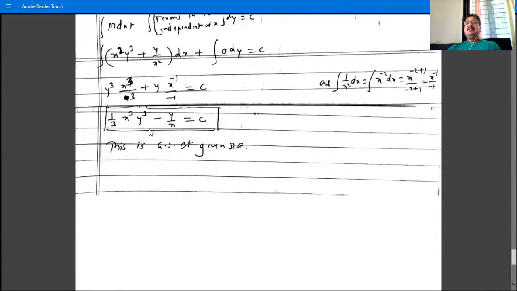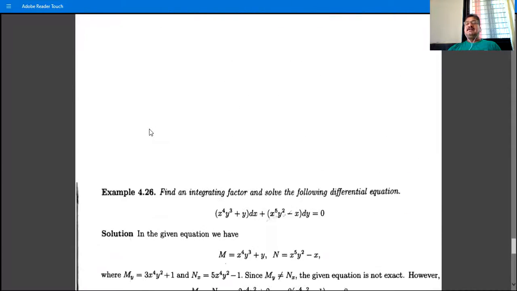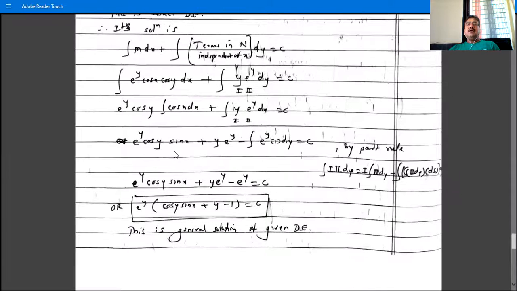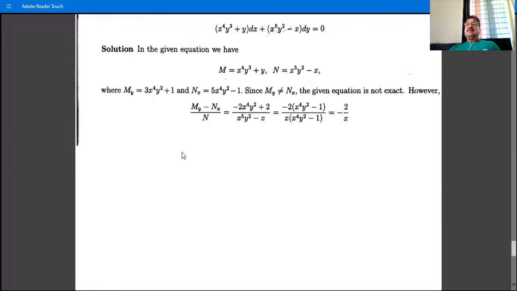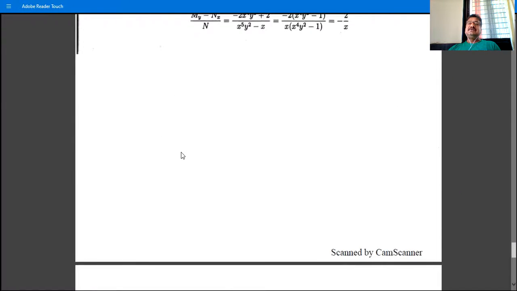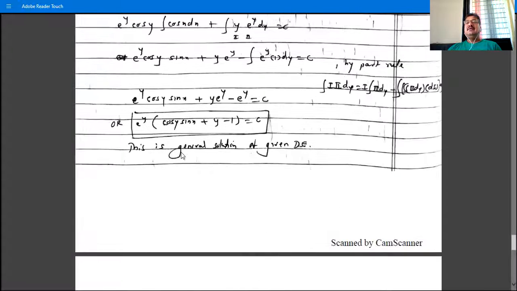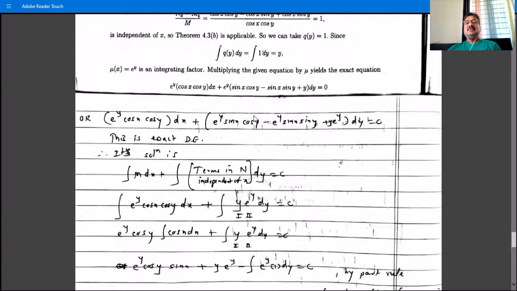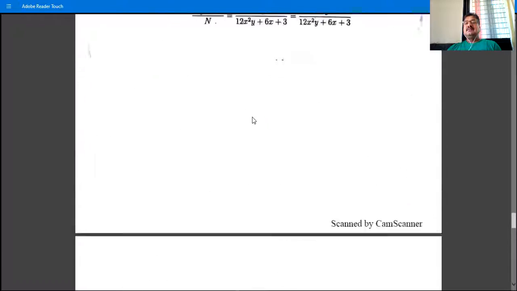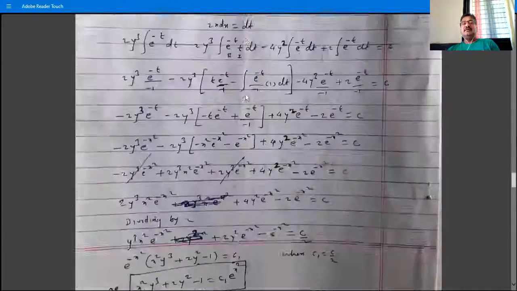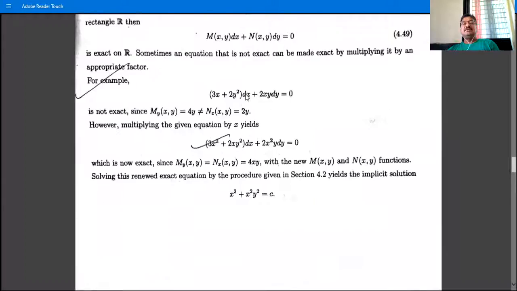So the second method is the differential equation reducible to the exact differential equation. In this type there are six sub-methods. That is, find the integrating factor for the differential equation, and then solve it by multiplying the differential equation by it.